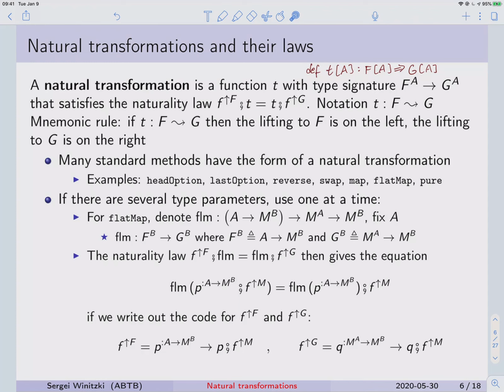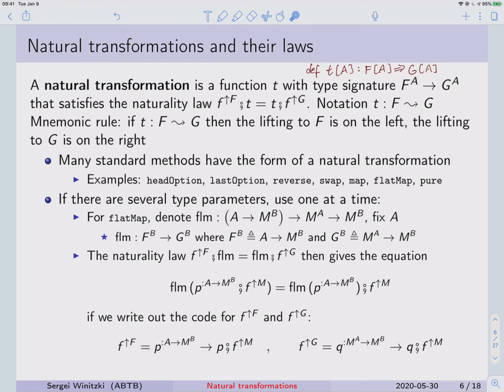So natural transformation in a programmer's view is a function with this type signature, where f and g are certain type constructors that must be functors. It must be both covariant. They actually can also be both contravariant. It's still the same equation, it will still work.